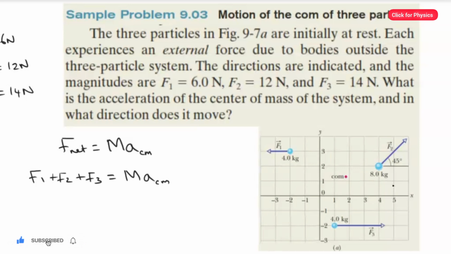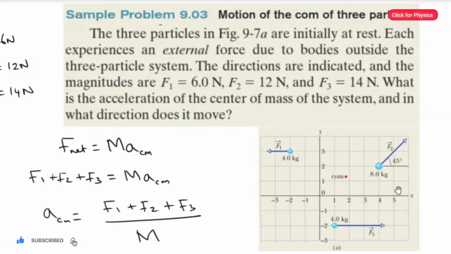Now we are going to find the acceleration of the center of mass. Therefore, the acceleration of the center of mass is equal to F1 plus F2 plus F3 divided by the total mass, because the total mass, capital M, is M1 plus M2 plus M3.